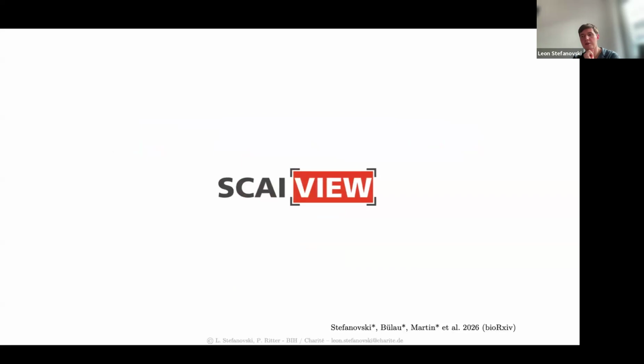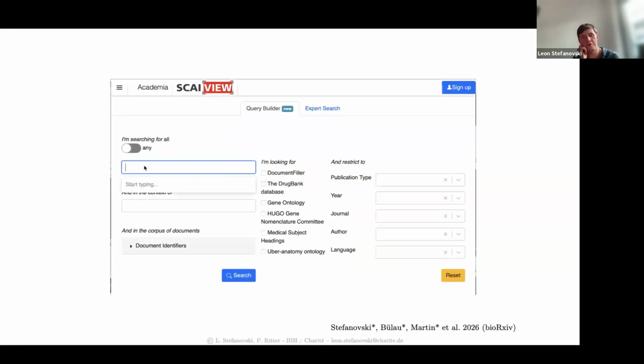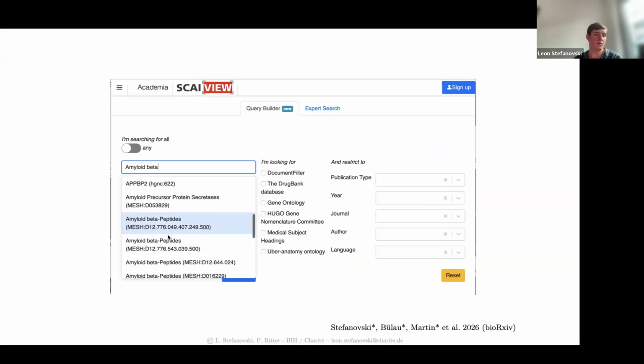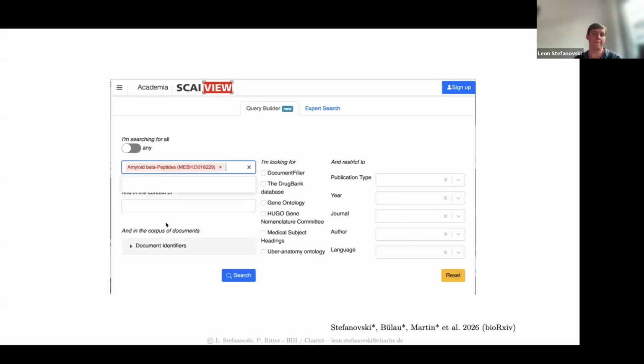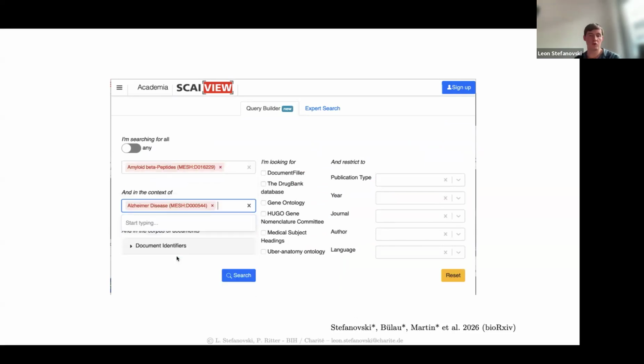We use a tool that is already established by colleagues from the Fraunhofer Institute, SCAIView. And what it actually does is you can search there, like in a search engine, like in Google, for whatever you want, and you get the PubMed articles that contain this word or MeSH term or GO term or whatever you have searched for.